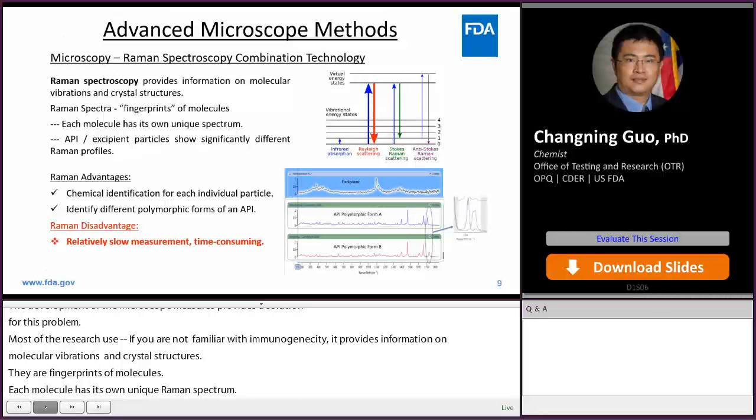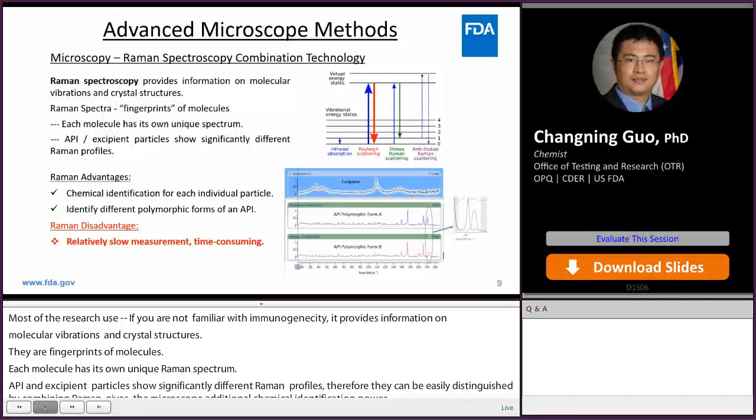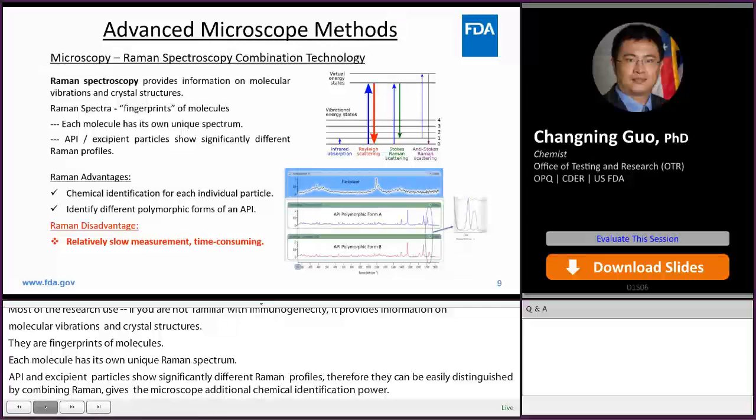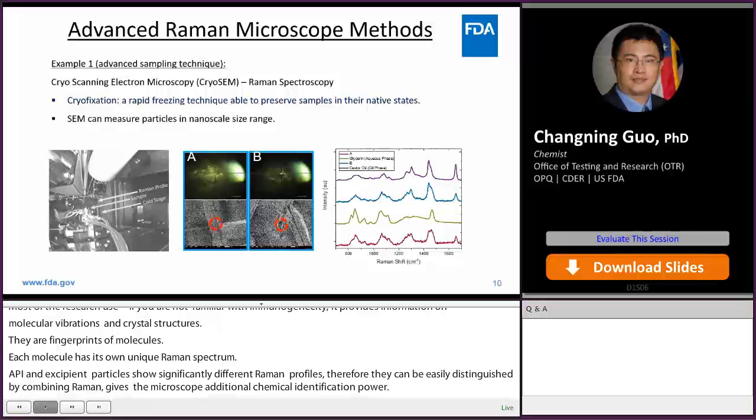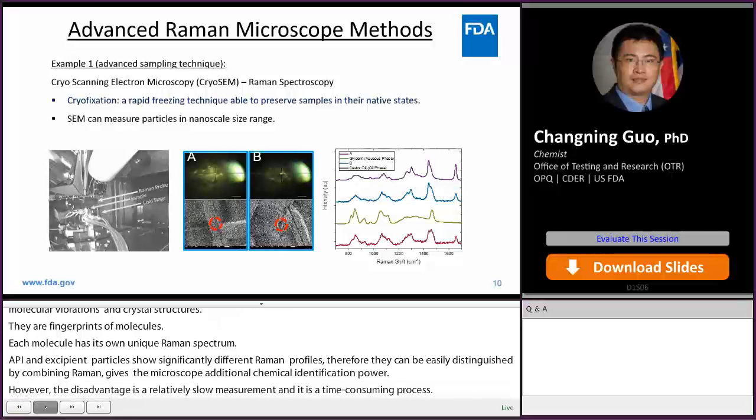However, the disadvantage is that the overall measurements are relatively slow, and sometimes it is a very time-consuming process. One example of advanced microscope is cryo-SEM Raman. Cryo-SEM Raman is a combination of 3 techniques: cryofixation, SEM, and Raman in one unit.